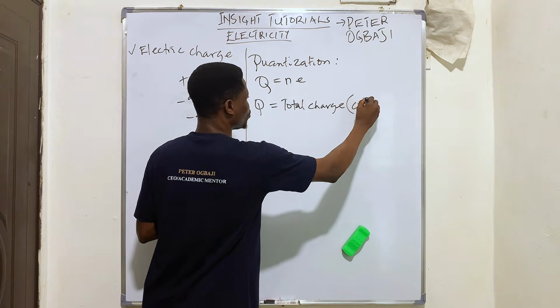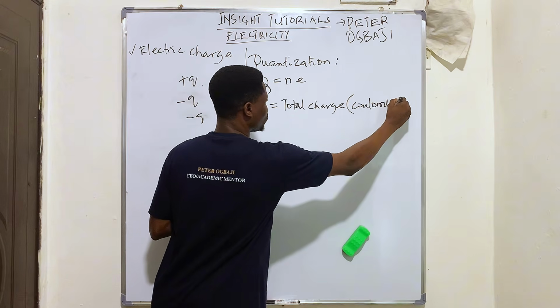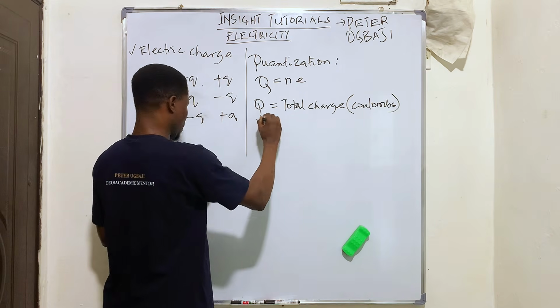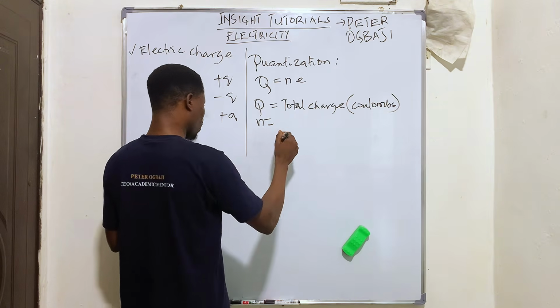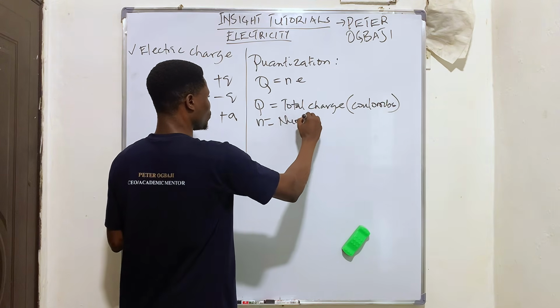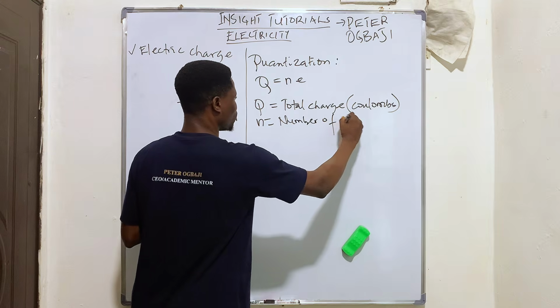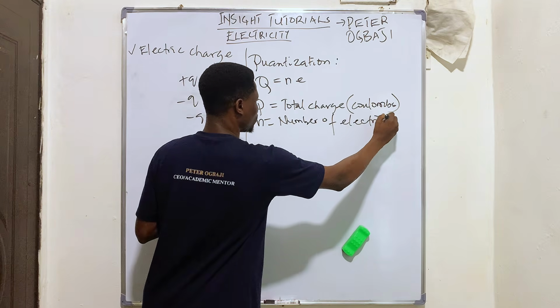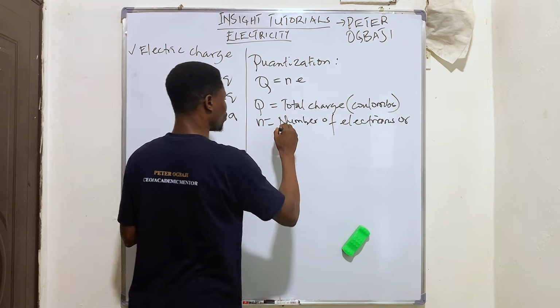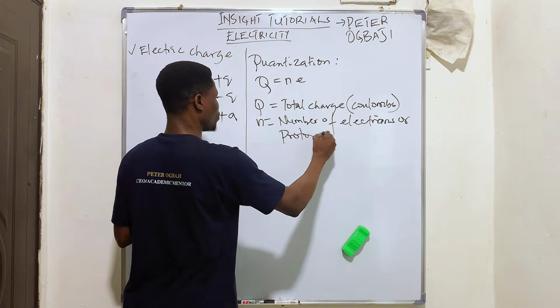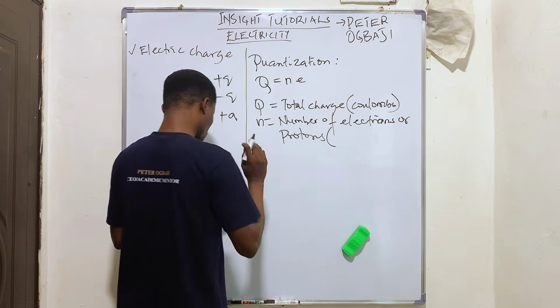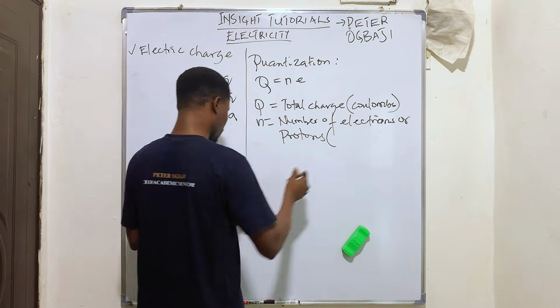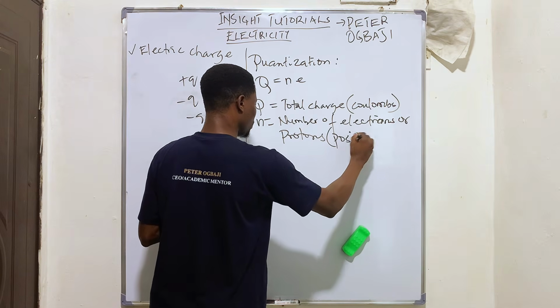measured in coulomb, and N is the number of electrons or protons, always a positive integer.